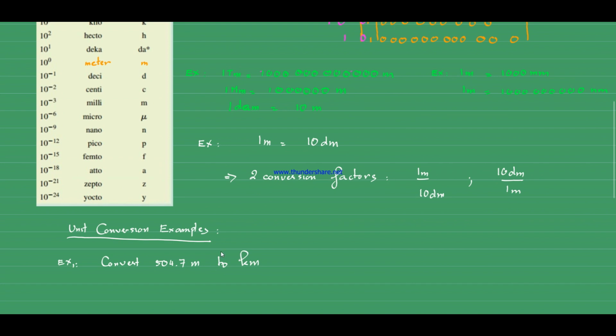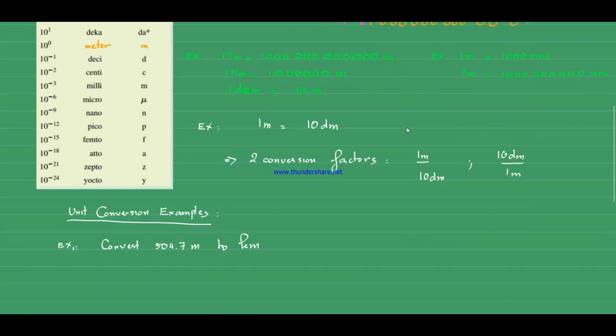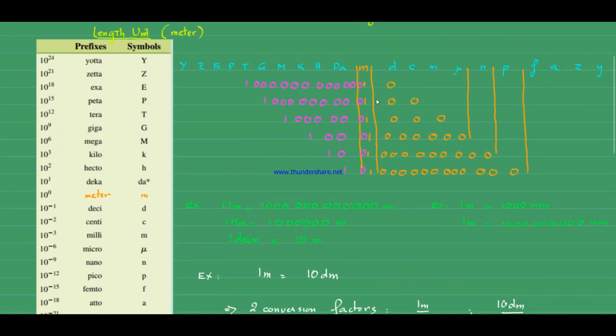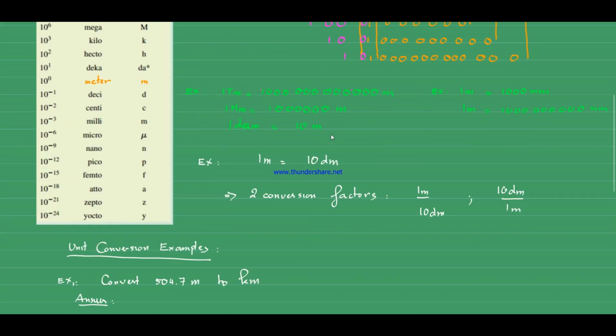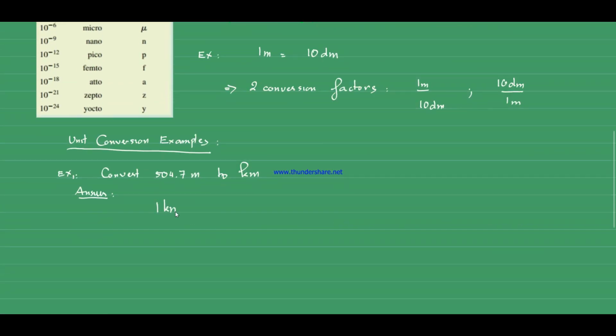So we have to see the relation between meter and kilometer. Or you can use the table here directly. But I'm gonna do this example using conversion factor first. For the conversion factor, we must have the relation. The relation, we know that 1 kilometer is 1,000 meter.